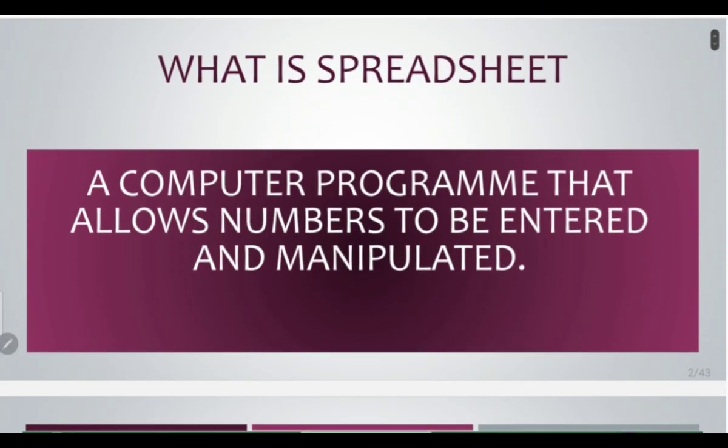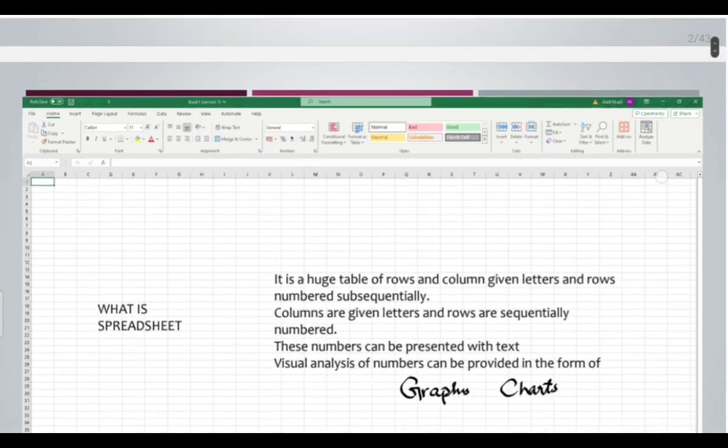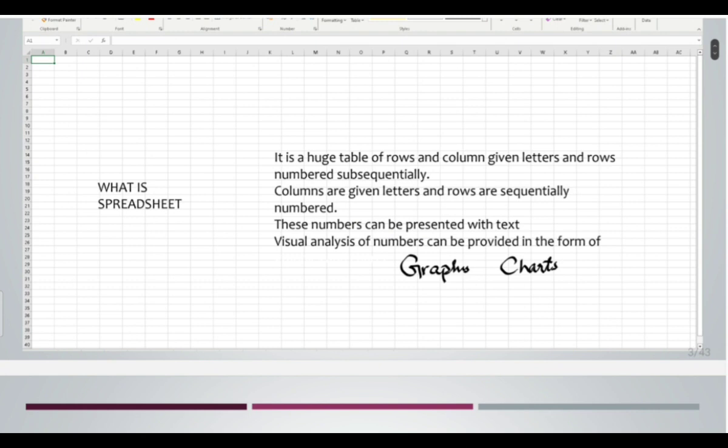What is spreadsheet? It is a computer program that allows numbers to be entered and manipulated. It can also be defined as a huge table of rows and columns. Here, columns are given letters and rows are sequentially numbered.